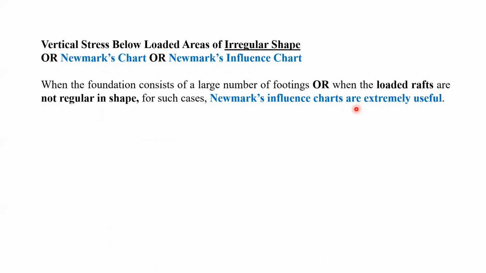We shall see how Newmark developed the influence chart, and how that chart can be utilized to assess the vertical stress below the base of a footing which is irregular in shape, right?